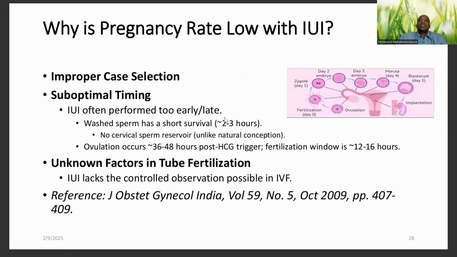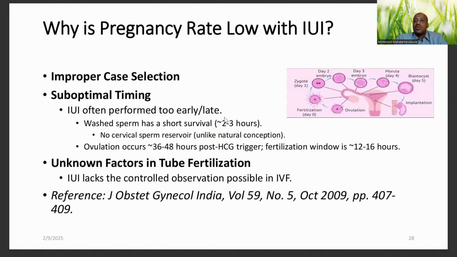As you all know, whatever techniques, whatever things you have used, sometimes the success rate of IUI is low. The reason could be improper patient selection. So as I will say repeatedly, proper patient selection is important.